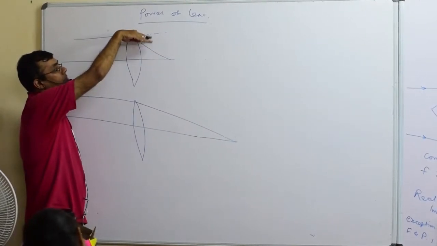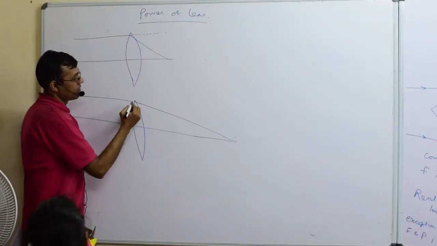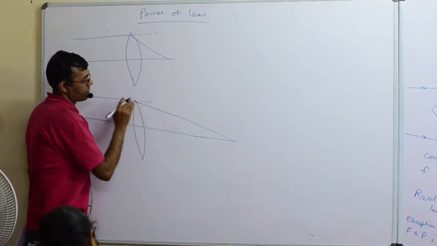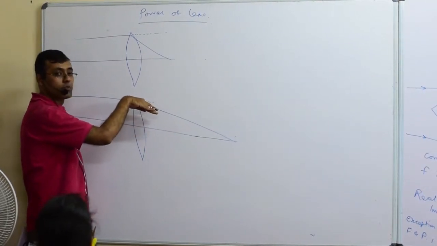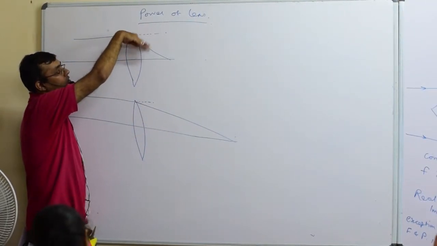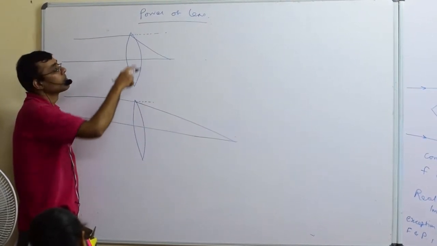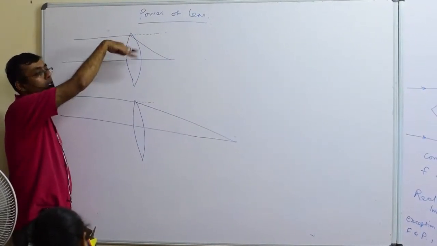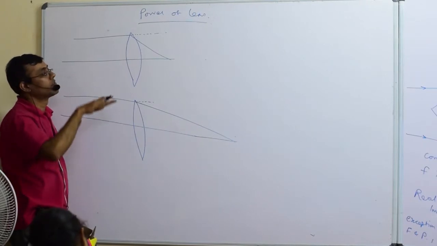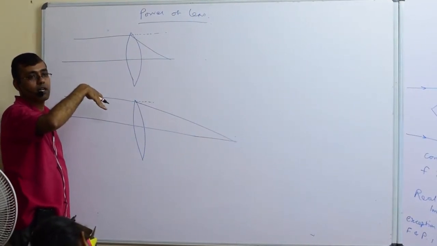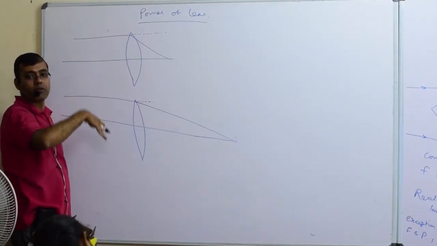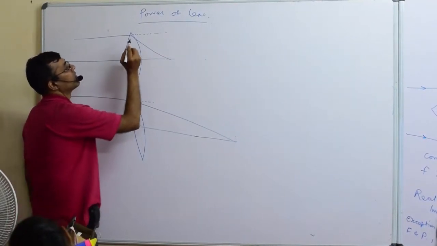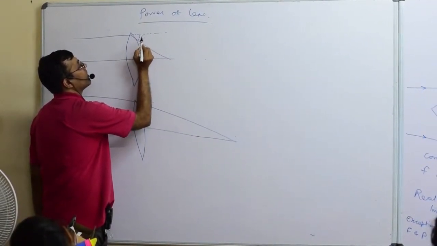But then this has been bent this much. This ray, if I take, was supposed to go like this, it has bent this much. Which one is bending more? This one or this one? This one, right? This is bending more. Which means if it's bending more, we say that lens has got more power. So that means this is what we call del.